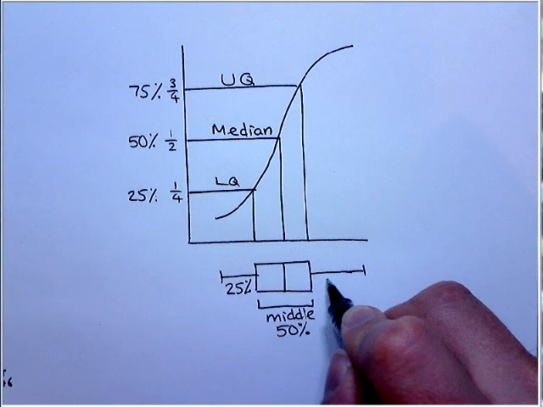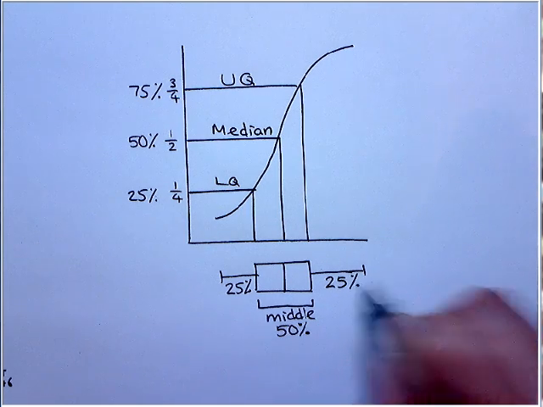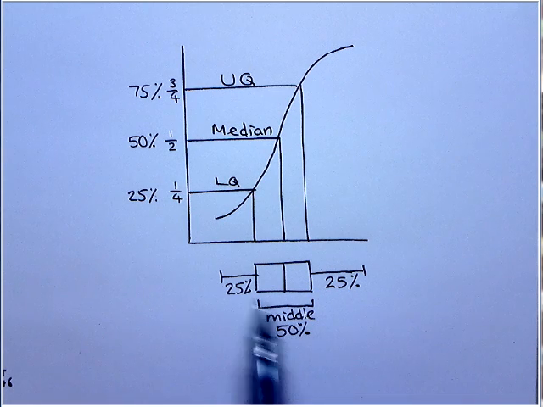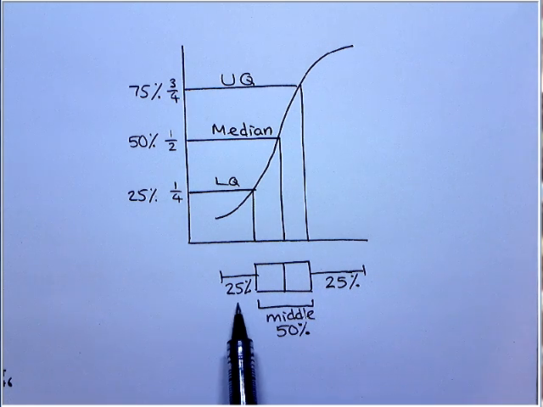So this is also 25%. So they do ask you very simple questions if you know this, but if you don't, it's quite easy, isn't it? The middle 50% is interquartile range, and you have the first 25% and the last 25%.